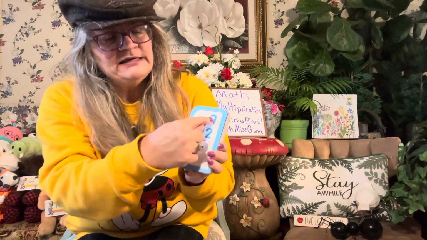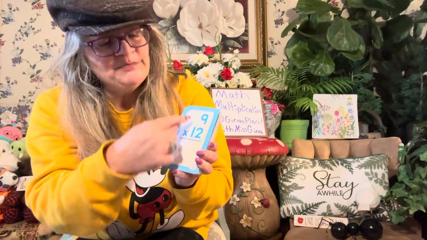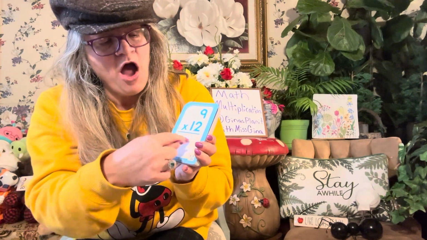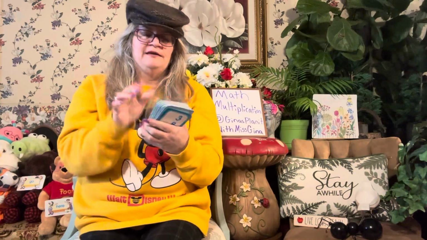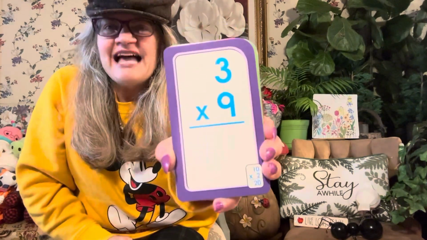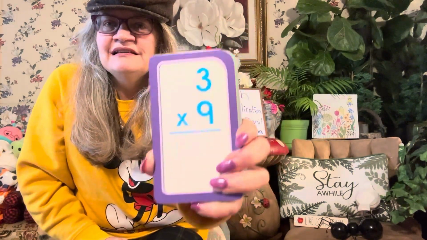So basically, 9 times 2 is 18. You carry the 1. 9 times 1 is 9, plus 1 is 10. So 108. 3 times 9 is 27.